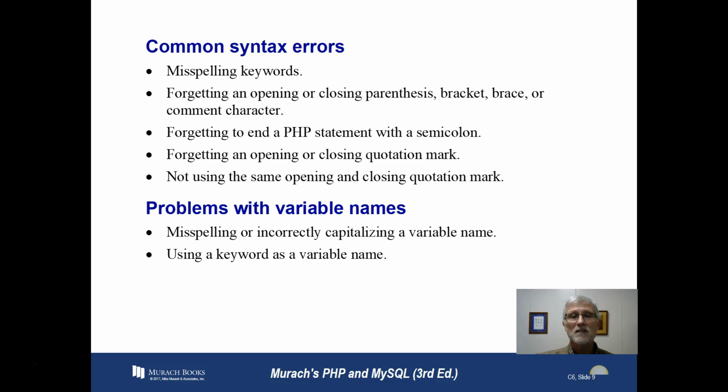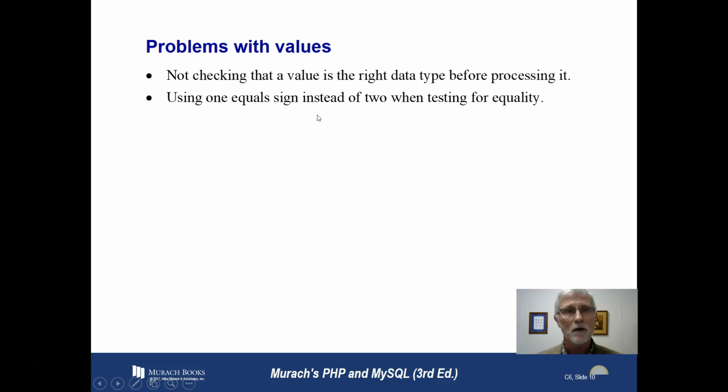Sometimes with variable names, you misspell it, or incorrectly capitalize it. Maybe you use a keyword as a variable name. So these are some of the more common mistakes, and this is stuff that NetBeans can help you with identifying. Now, Notepad++ does some of this, but NetBeans will do a whole lot more.